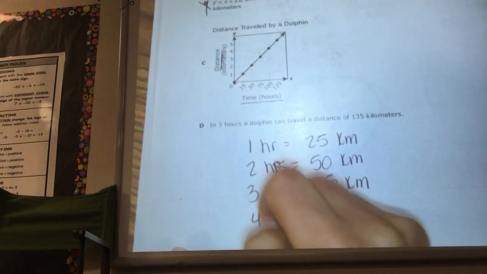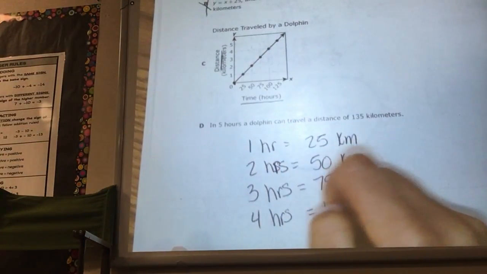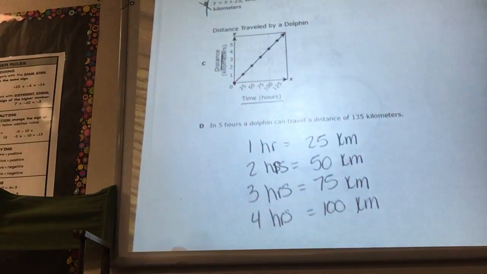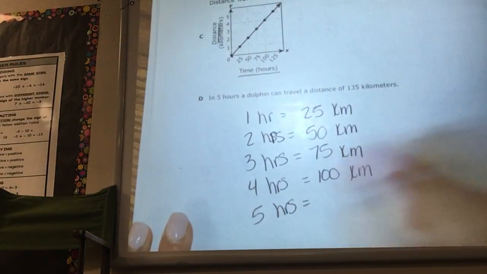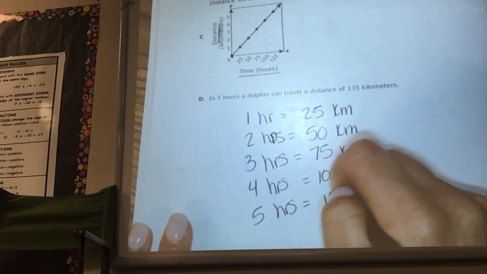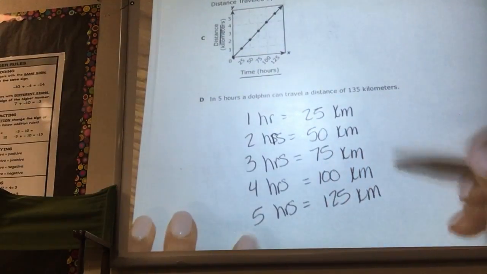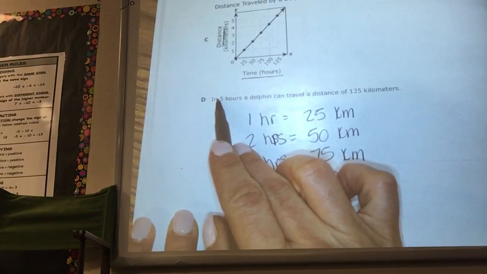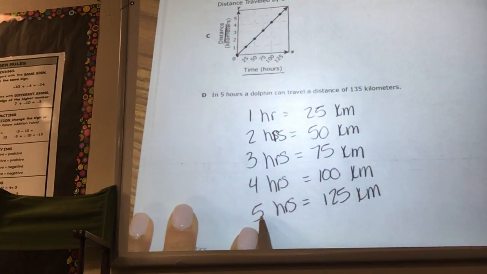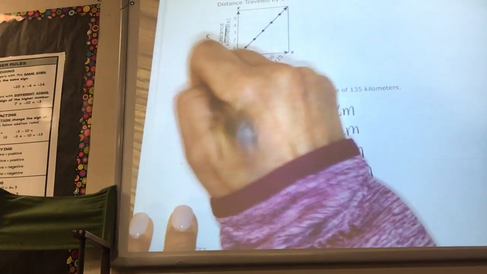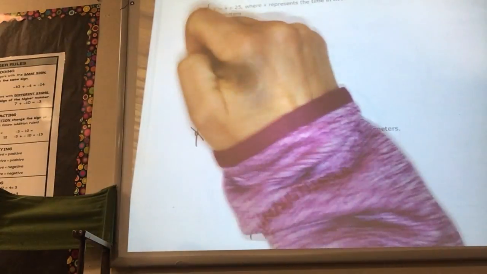In 4 hours, it's going to go 100 kilometers. In 5 hours, it would go 125 kilometers. So this is saying that in 5 hours, it would go 135 kilometers. But in 5 hours, at its rate, it's going to go 125 kilometers. So D does not work also.